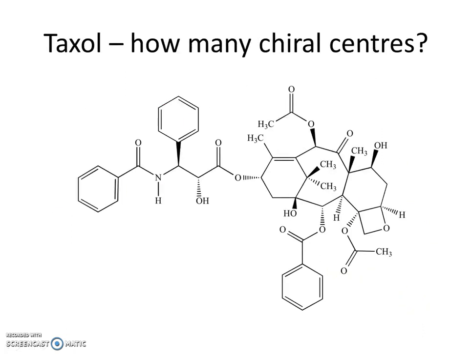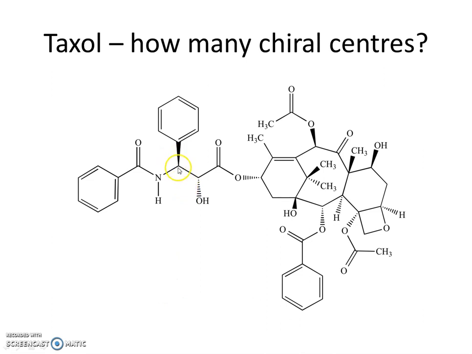Finally, the big molecule here. Nature is very good at making complicated molecules with lots of these chiral carbons in them. This is Taxol, which is an anti-cancer treatment. So let's just go through the molecule, see how many chiral centers we can find.